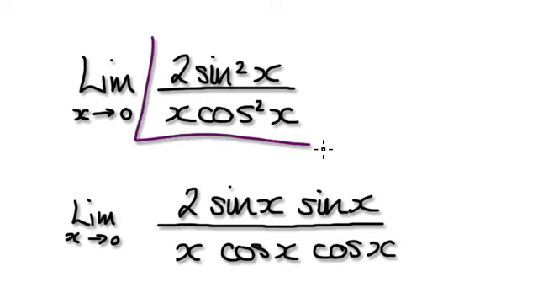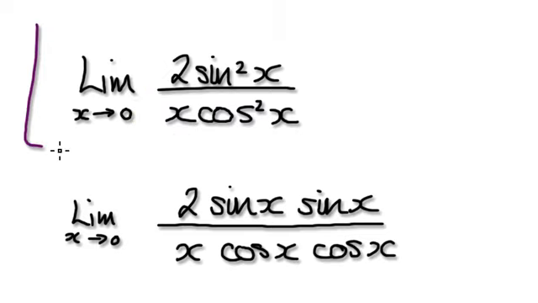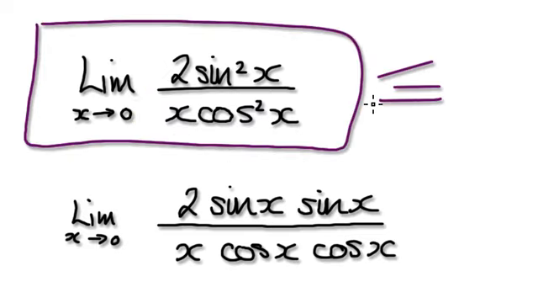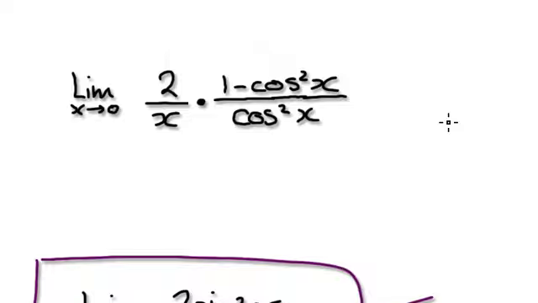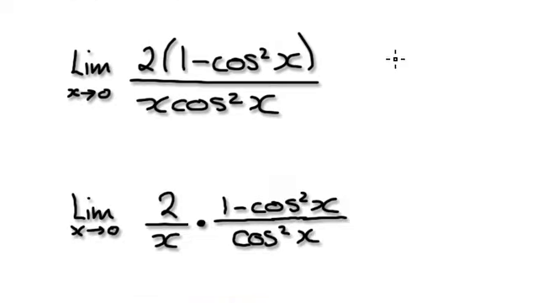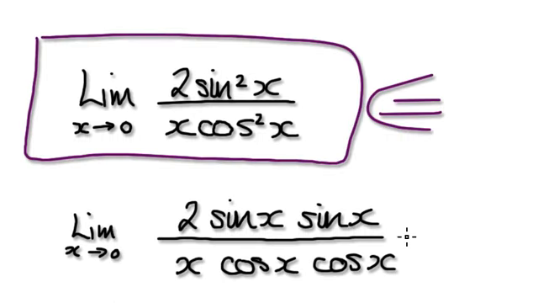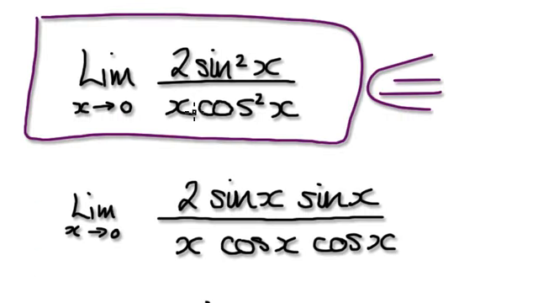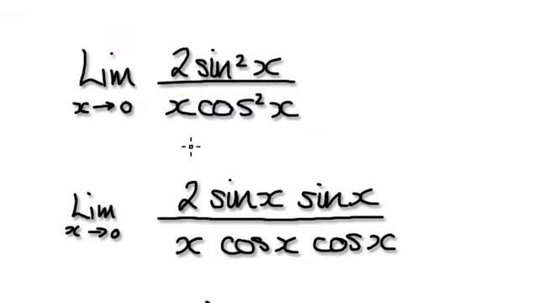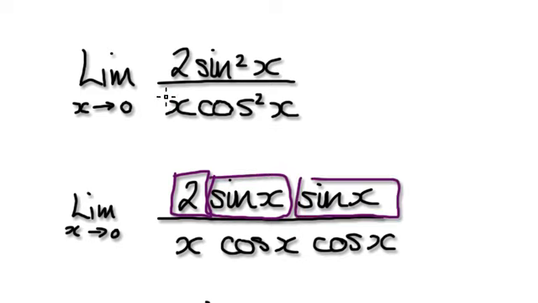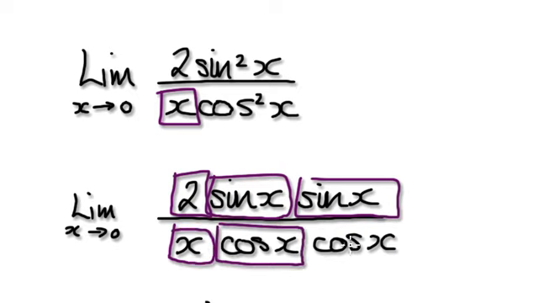So visualize now, this was the original question. Our aim is to solve this. Up here earlier was the wrong way of doing it, where I went down the wrong road. So visualize this as 2 times sine of x times sine of x, and down here visualize this as x times x times cosine of x.